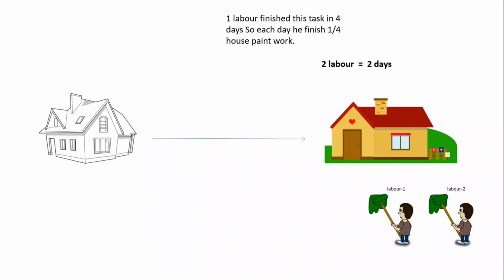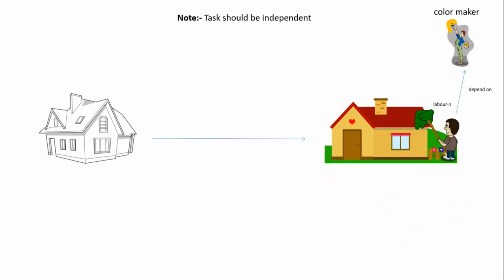Now here is the note. What is the note? Tasks should be independent. The tasks should not be dependent, otherwise you will get problems. Let us suppose that there is a color maker, as you can see in the slide, and a labor one.